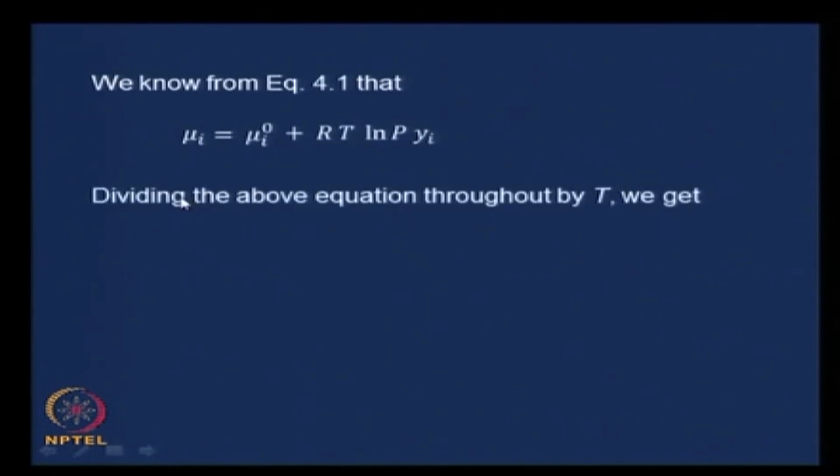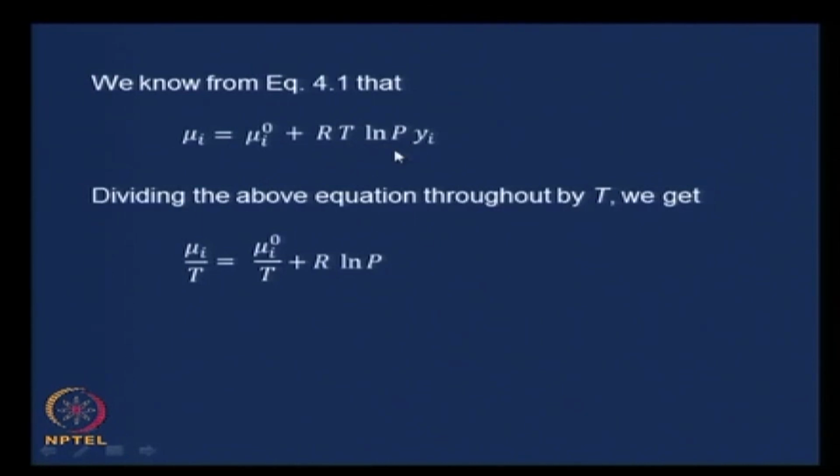We know from equation 4.1, which is just the definition of the chemical potential, that μi = μi⁰ + RT ln P yi. We are still with the perfect mixtures. Let us divide this equation throughout by T, then we get μi/T = μi⁰/T + R ln P plus similarly R ln yi.